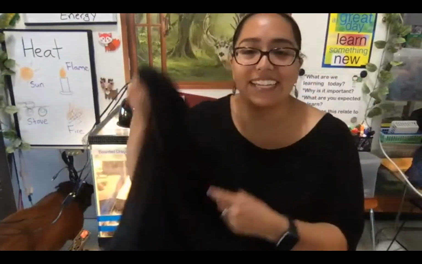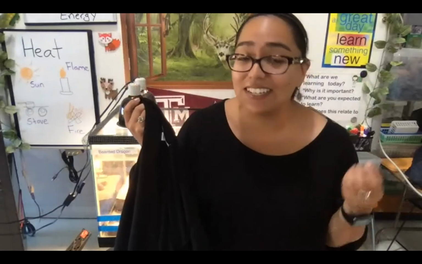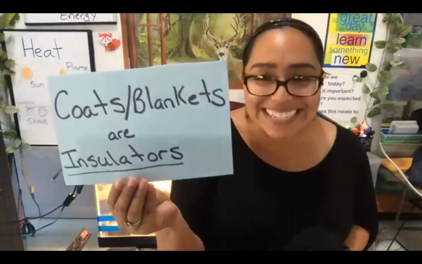Something that some kids always get confused on is things like jackets and coats. We're starting to get into the fall weather. Do you think jackets and coats provide us with heat energy? Yes or no? And hopefully you guys said no. Coats and jackets are a little bit different. Coats and jackets are what we call an insulator.